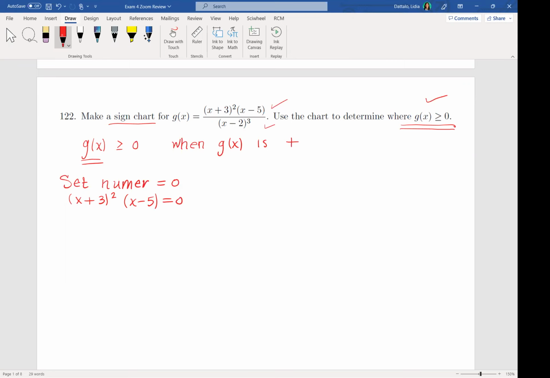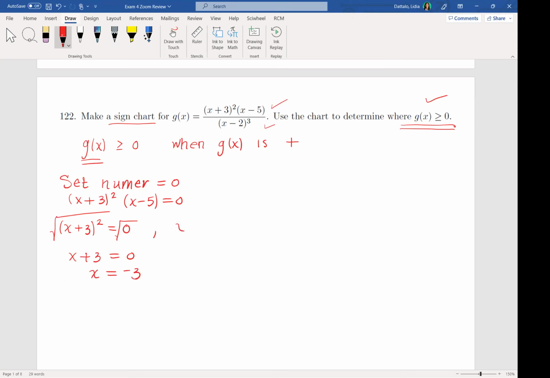And then we're going to solve for x. So we take the x plus 3. We're going to set each parenthesis equal to 0. If I take the square root of both sides, that means x plus 3 is simply 0. So that x equals negative 3.